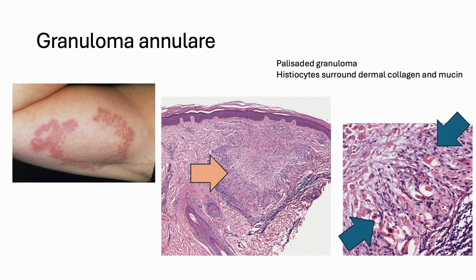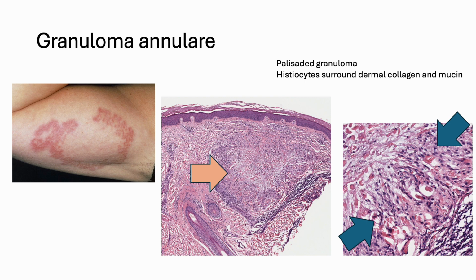First disorder under this category is the granuloma annulare. So the name implies it has granuloma, and the clinical presentation is an annular or circle of lesion. Under the microscope, it seems like there is something round in the dermis, and it has an outer layer, looks like a palisade, like a picket fence at the periphery with some mucin inside.